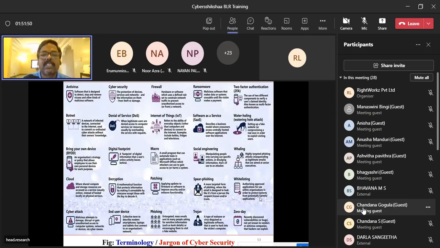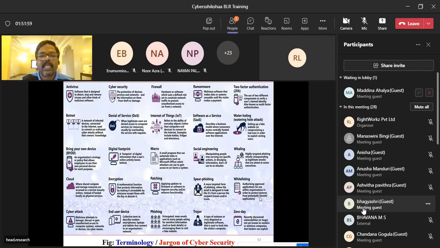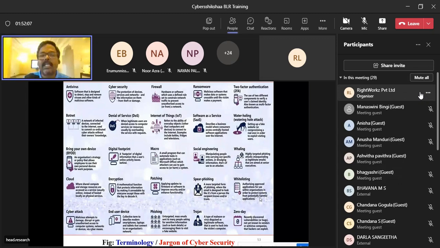Internet of Things refers to the ability of everyday objects, rather than computers and devices, to connect to the internet. Examples include kettles, fridges and televisions. That means a collection of interconnected objects in a network is called the Internet of Things. Software as a service is one of the major services in cloud computing. It describes a business model where consumers access centrally hosted software applications over the internet.